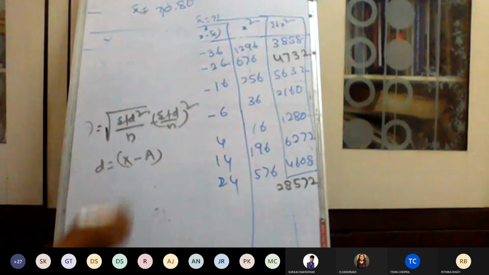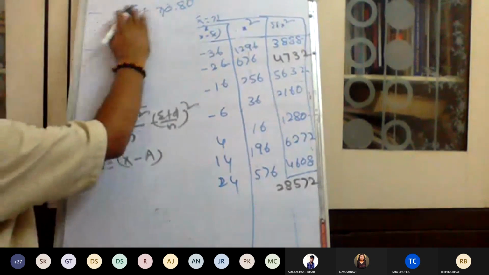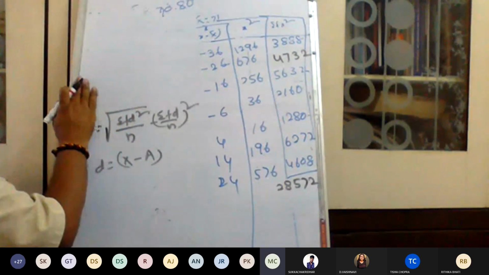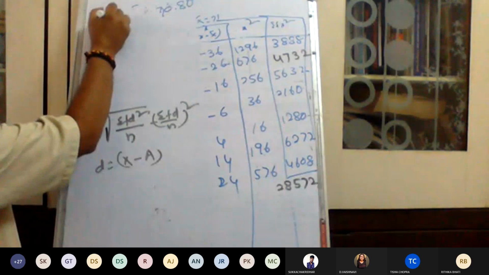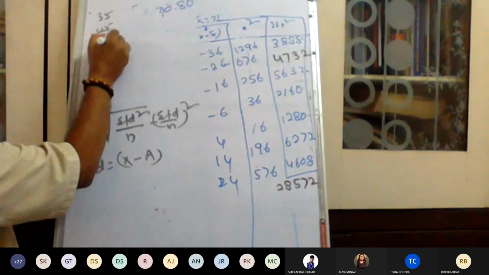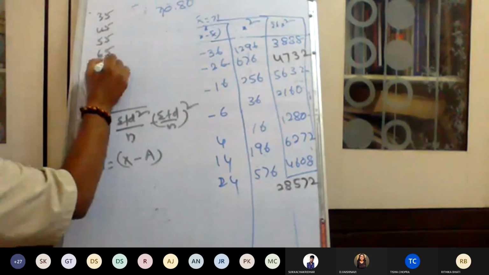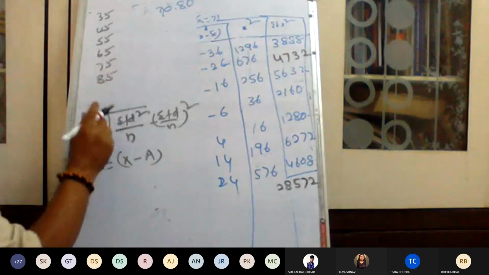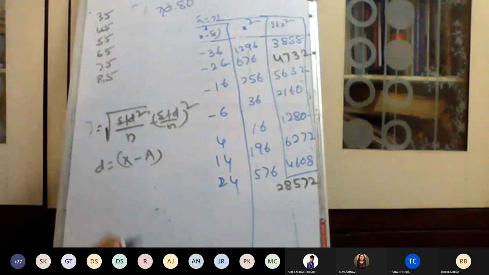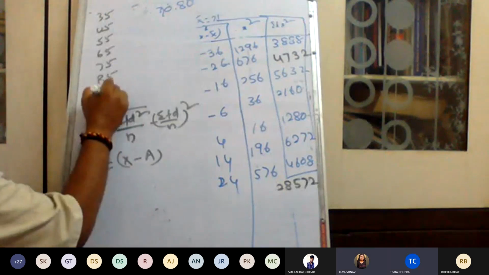The values start from 35: 35, 45, 55, 65, 75, 85, and the last value is 95.